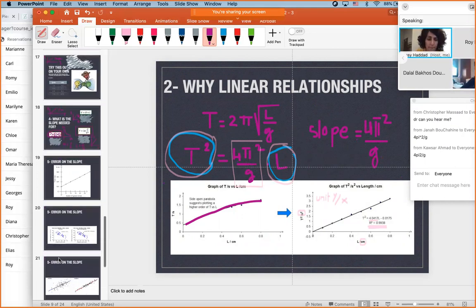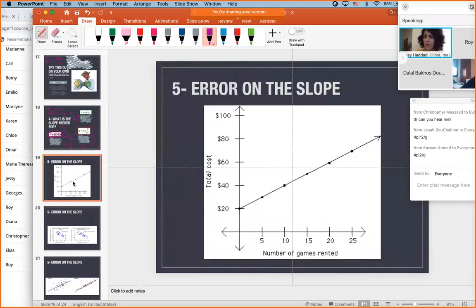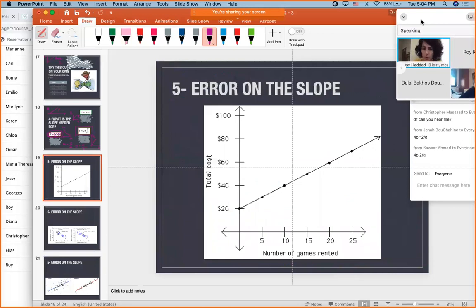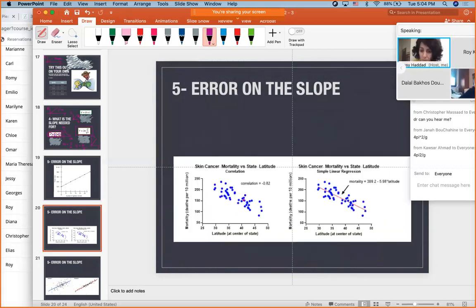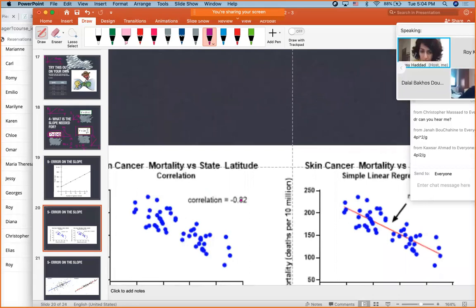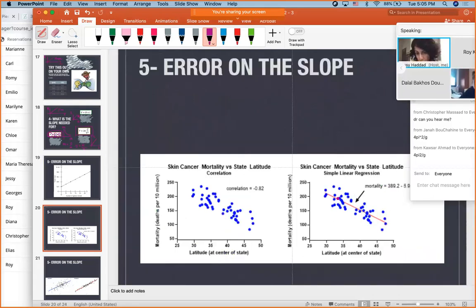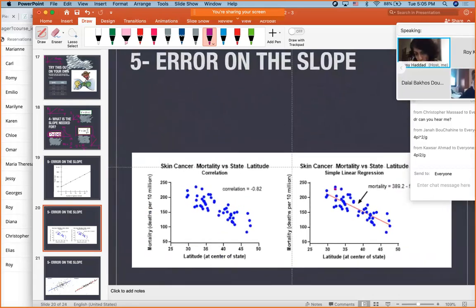So now we're gonna start with error on the slope. You see now all these points are on one line and the error is so small. In this example, you see a lot of scattering, right? And if I find the best fit, all the points are deviated from the best fit line. So I can think of average and standard deviation here.